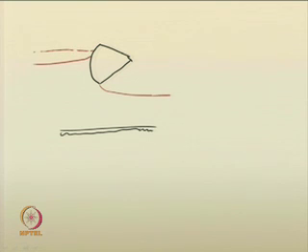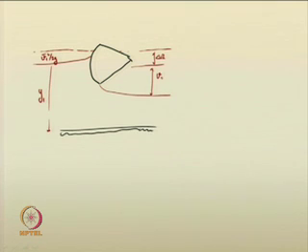Say if this is the energy line, there is some drop in energy, delta E. So, this is your y 1, V 1 squared by 2 g, V 2 squared by 2 g, and this is y 2.